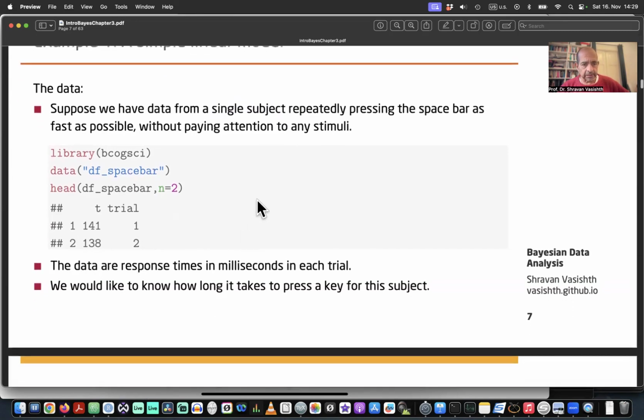So this is a pretty standard and simple setup that we use a lot in psycholinguistics, where we are studying self-paced reading. We also have people read sentences word by word by pressing a space bar, right? So there's actually a package.